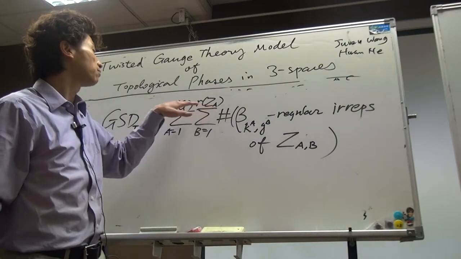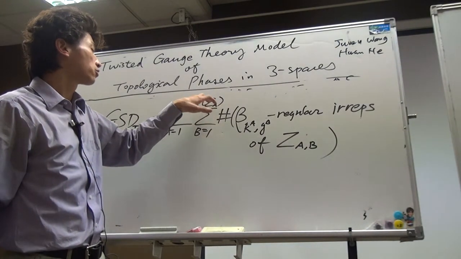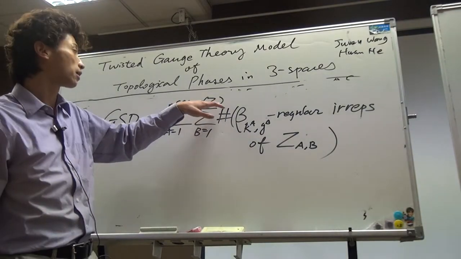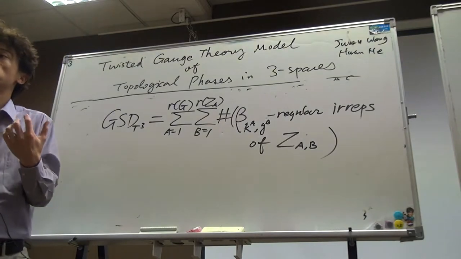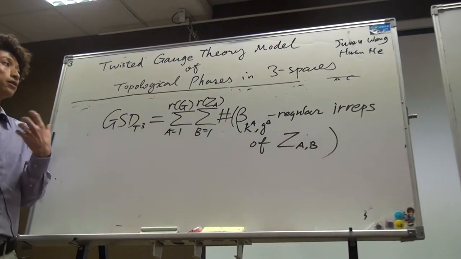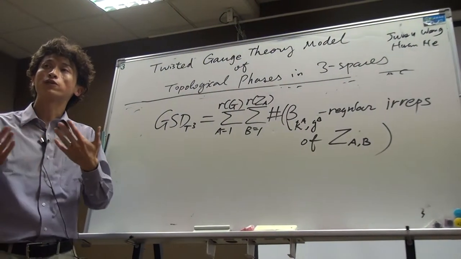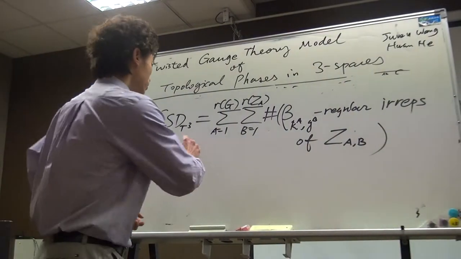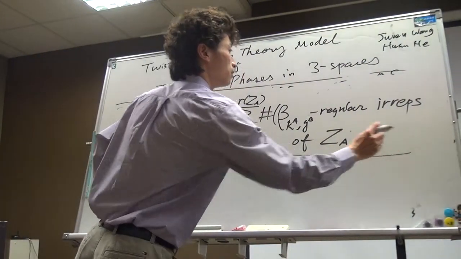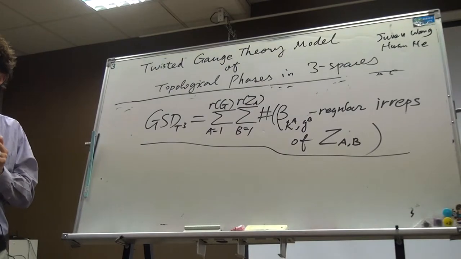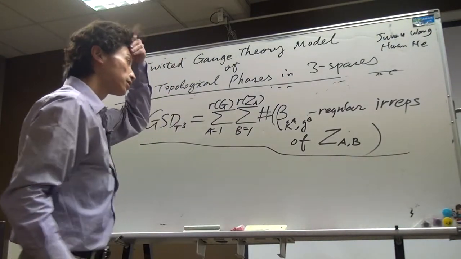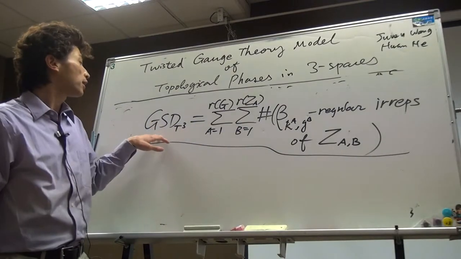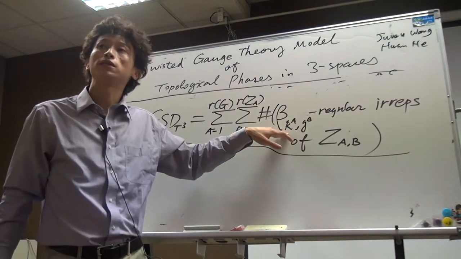The reason why we can label the centralizer subgroups by these class labels is because any two elements in the same conjugacy class have centralizer subgroups that are isomorphic to each other. So this is the correct answer for this model on a 3-torus. Now you can see that the GSD completely depends on beta.